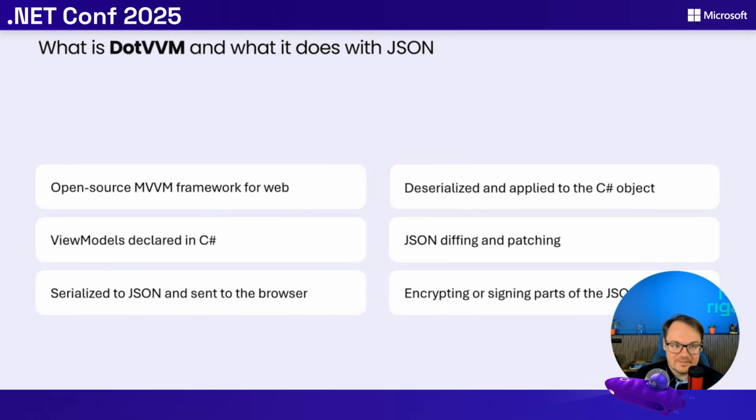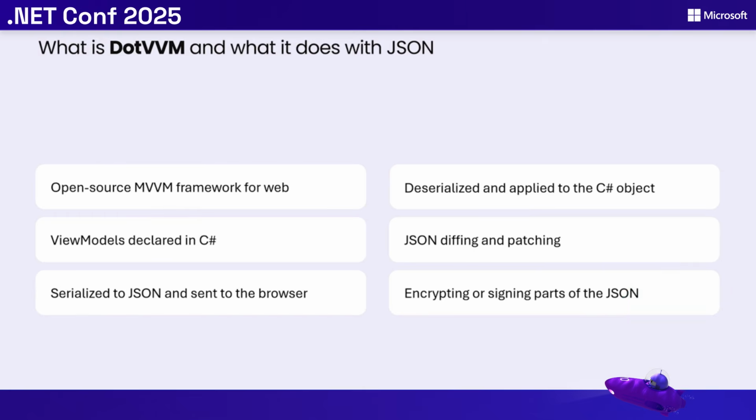So before I start showing the use cases we have run into in DotVVM, I would like to just briefly describe what DotVVM is and what we actually do with JSON. As I said, DotVVM is an open source framework for web, and it's using MVVM, the model view model approach, to design your applications.